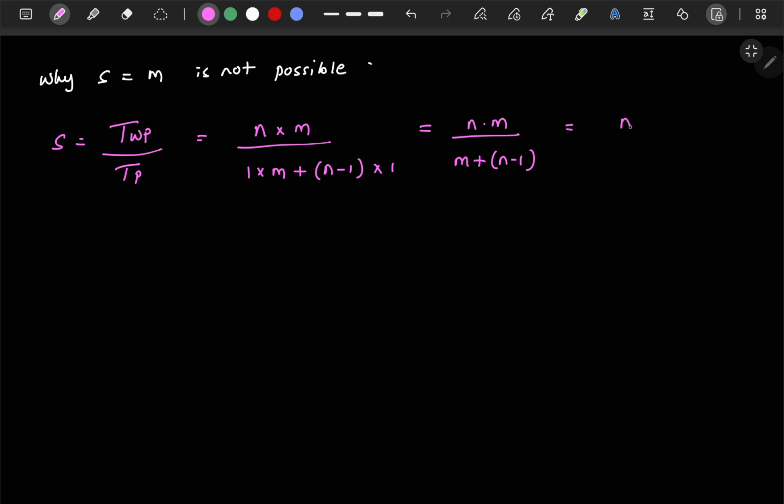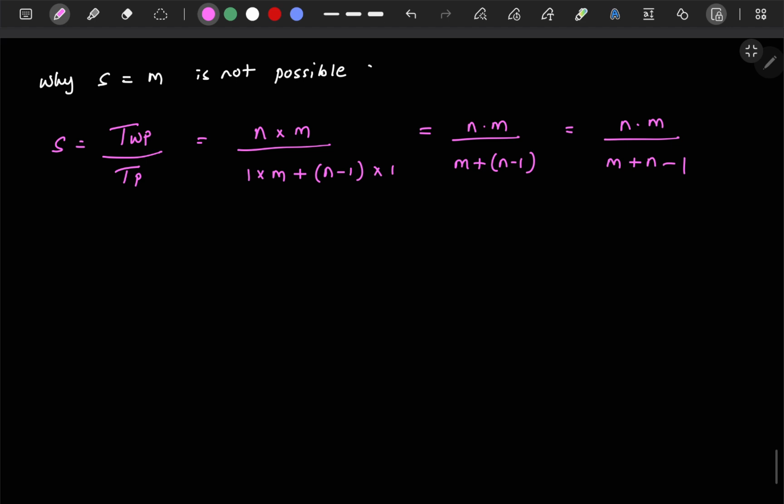Now can I write it like this? I just removed the bracket. Now I will move this n here, because plus is associative, so I can do that.